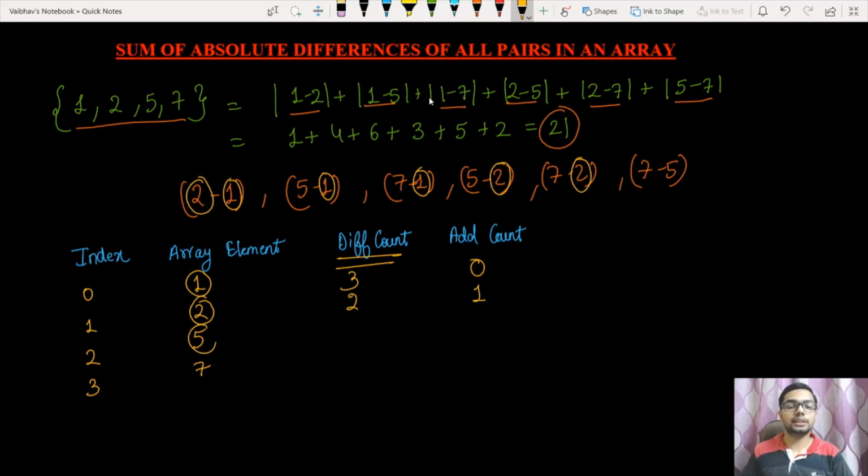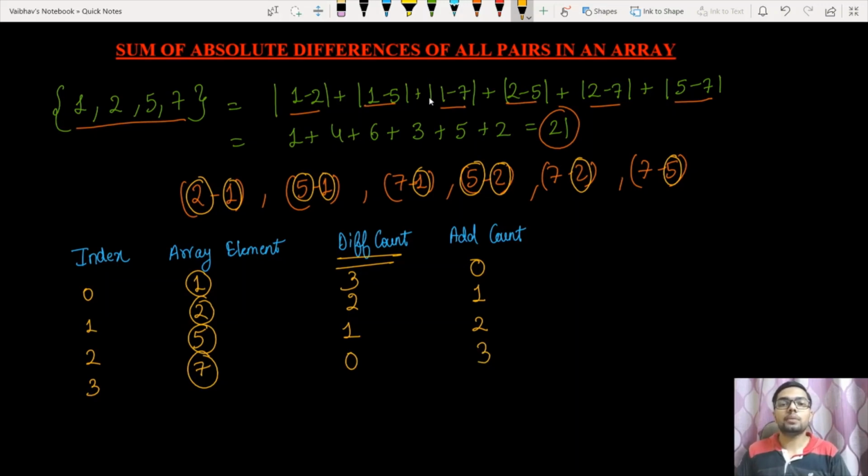Now moving on to the next element, that is 5. Now 5 is subtracted only 1 time, so the difference count would be 1, and it is being added 2 times, so add count becomes 2. Now for 7, the difference count would become 0 and the add count would become 3.